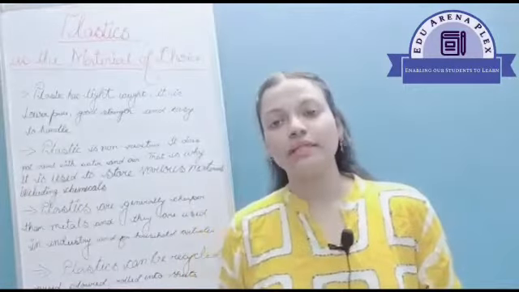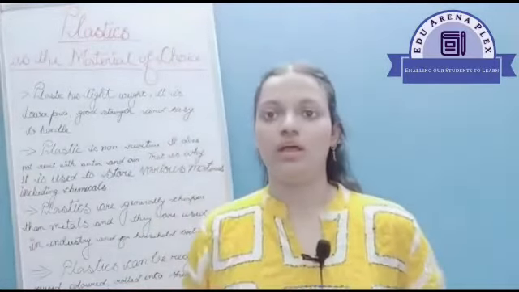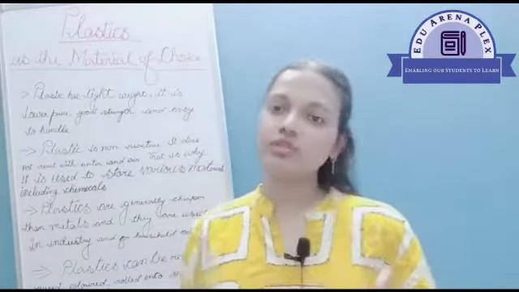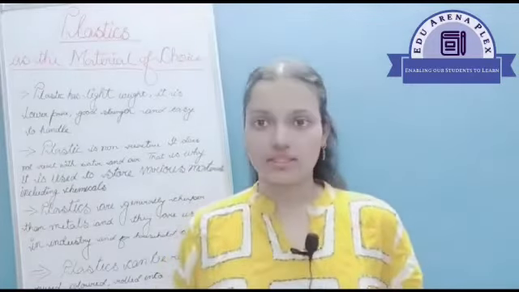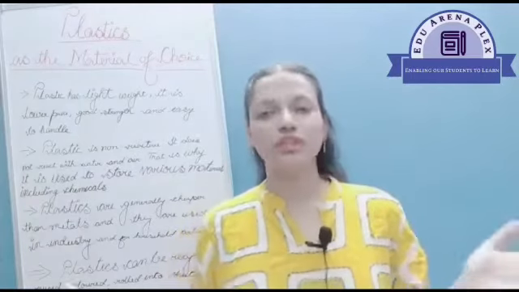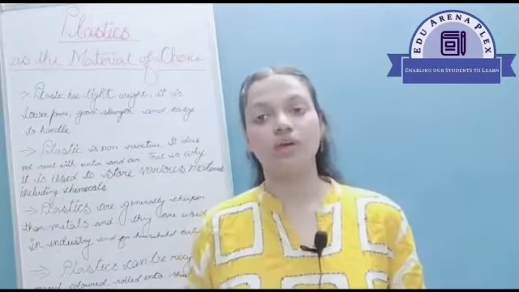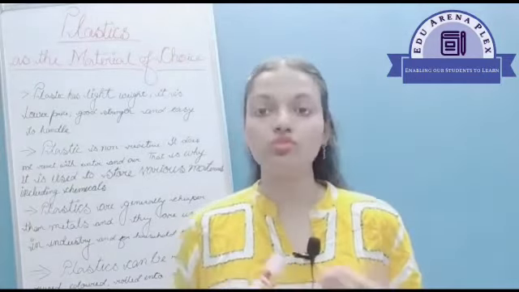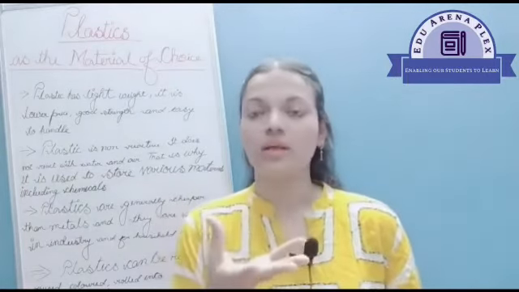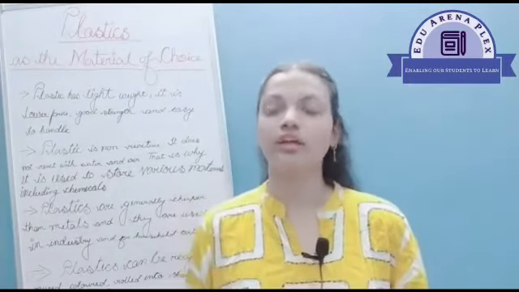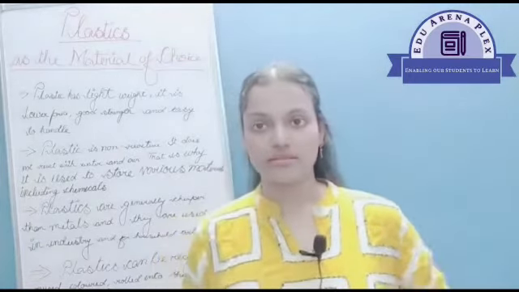Now, let us discuss the characteristics of plastic. Before that, if you go to the market, most of the things, I'm not saying everything, if you observe carefully, you will see are wrapped in plastic or kept in polythene bags.